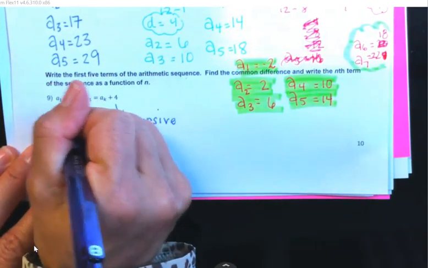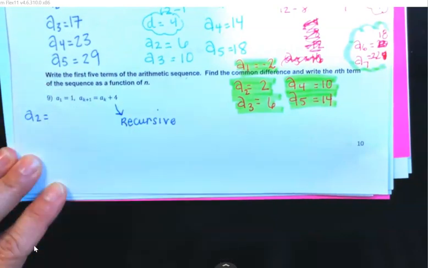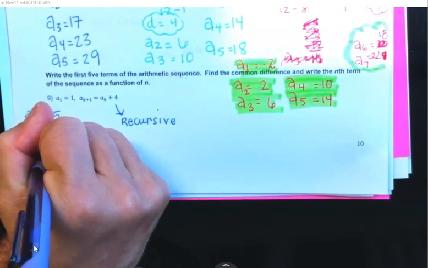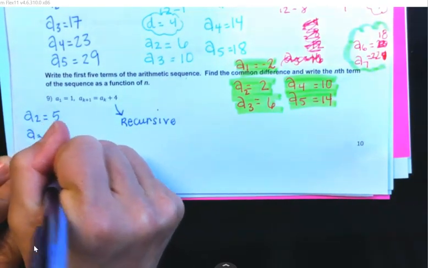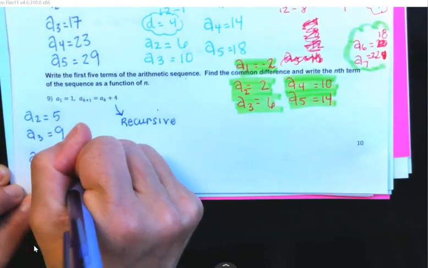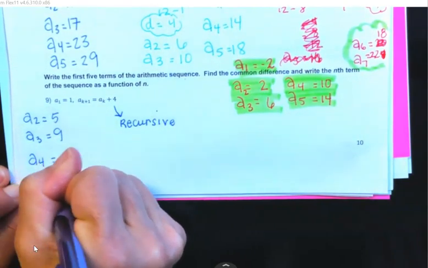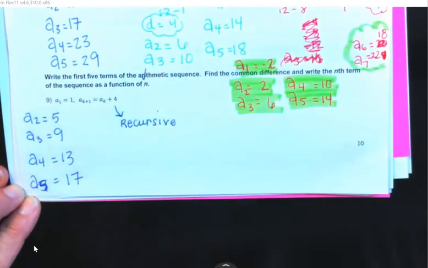So a sub 1 is 1. A sub 2 is going to be 5. We're adding 4 each time. 9 plus 4 is 13. 13 plus 4 is 17. So that's the first part of our instructions.